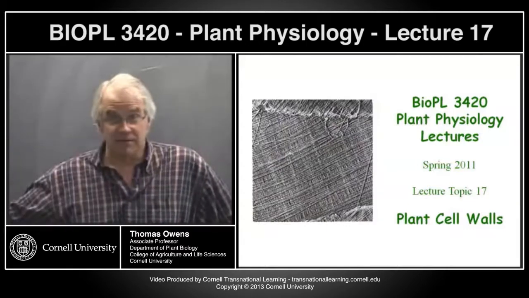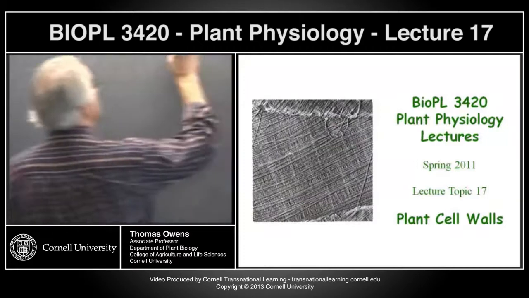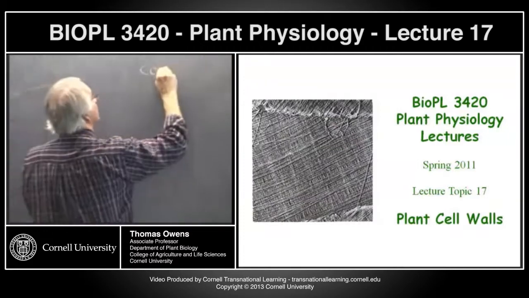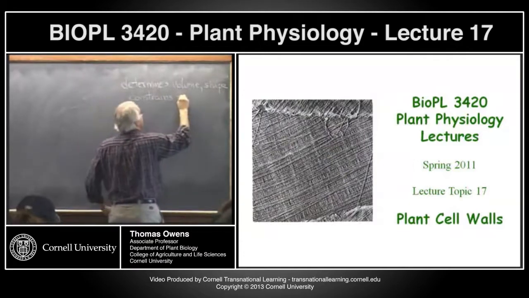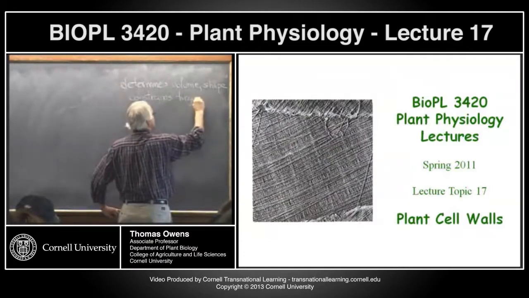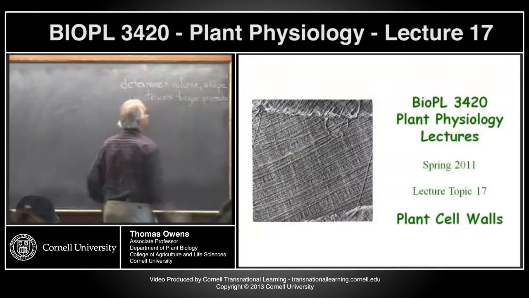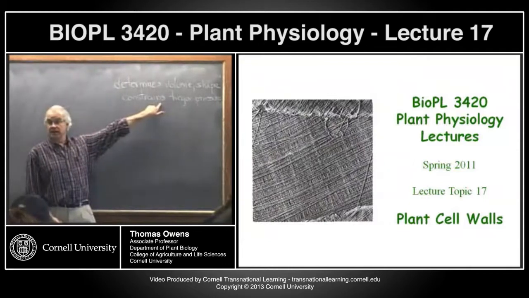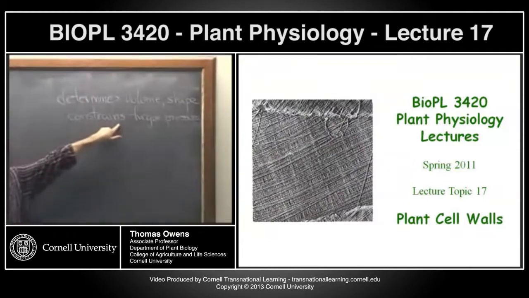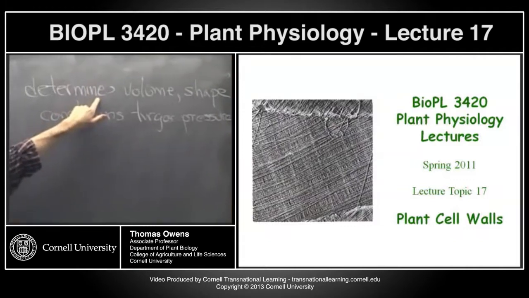What is that? Say that again? Yeah, so basically it constrains the turgor pressure, or resists the turgor pressure. And we also should think about, in the context of many plant cells, the turgor pressure is what keeps the cell having a shape, right?